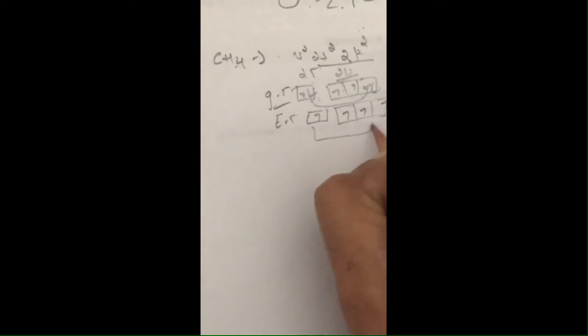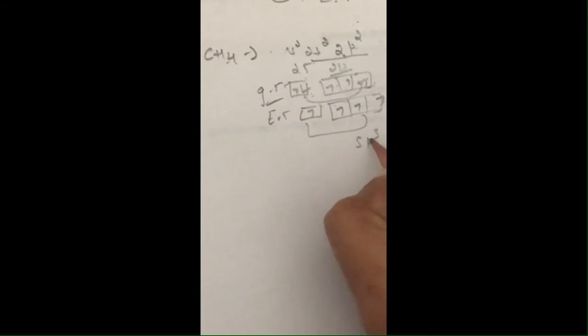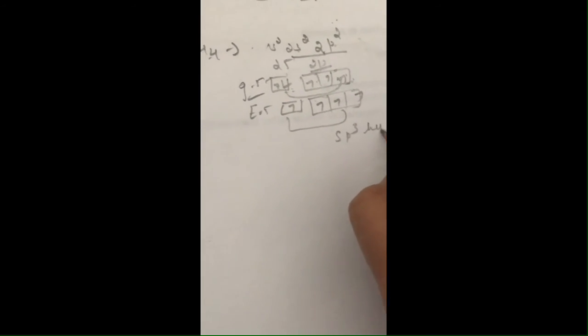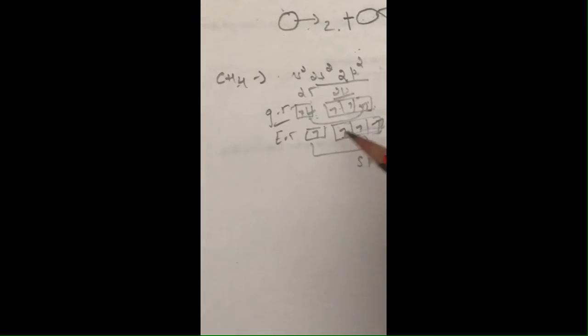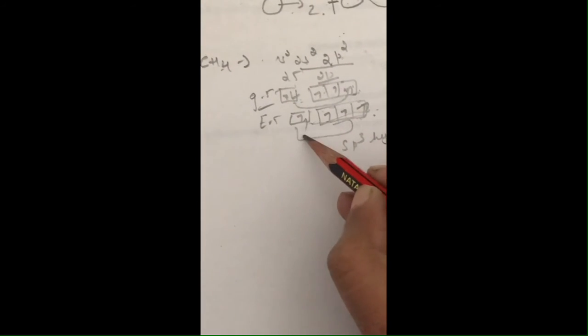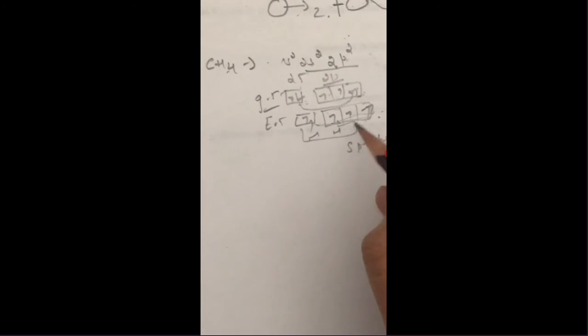So these are the sp3 hybrid orbitals of the carbon atom. Clear? In which we have to take 4 ligands to attach with these hybrid orbitals. Those ligands are hydrogen atoms. Clear? So this is the first, that is the second, that is the third, and that is the fourth.